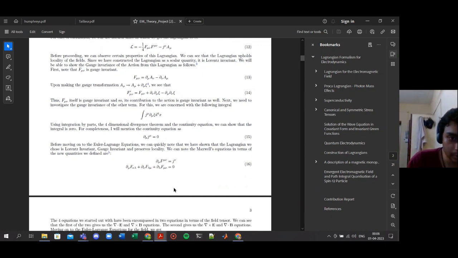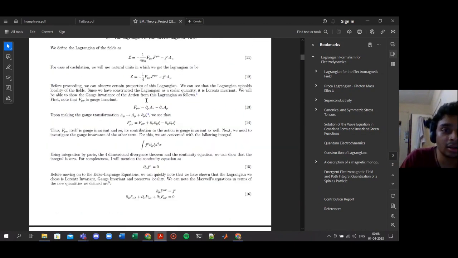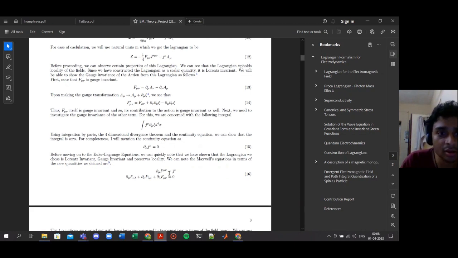Now, we have to consider the change in the action brought about by this gauge transformation, because in the end, what we have to do is extremize the action, and the action is the integral over d4x of this Lagrangian.